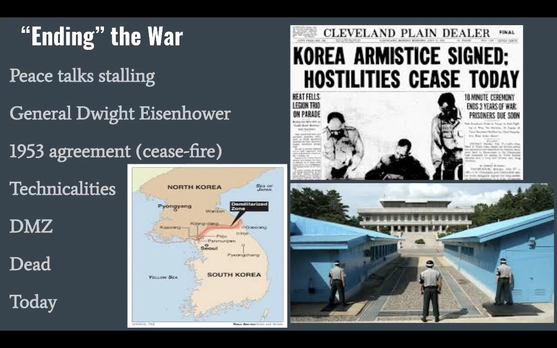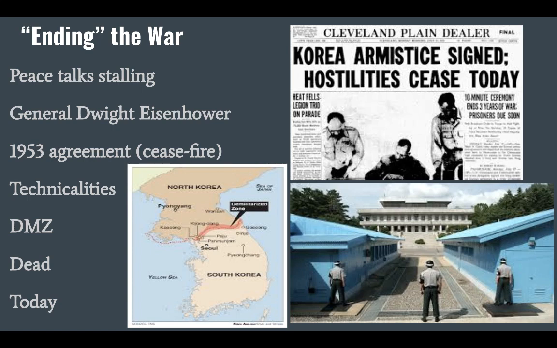Eventually, you do get some peace talks, and they are stalling, okay? It's not working out, and we're wondering, could war kind of re-break out? That is when Eisenhower's going to enter the fray. In 1952, Eisenhower's running for the presidency. He starts alluding to maybe he might be a little bit more aggressive, maybe bringing full U.S. forces into this, and we need to end it.